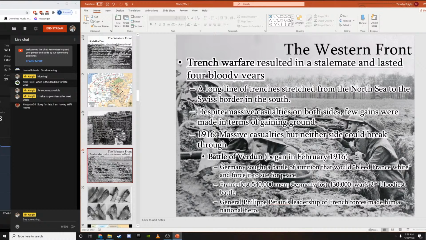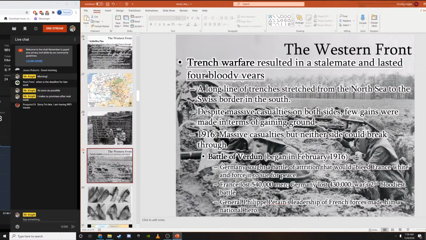This was a very long battle, and Germany basically wanted to start fighting a battle of attrition. They were no longer looking to take over France. They were simply trying to kill more people than the French were.